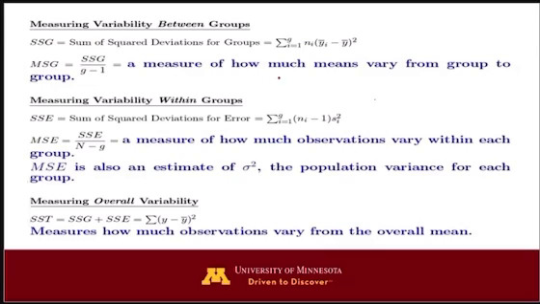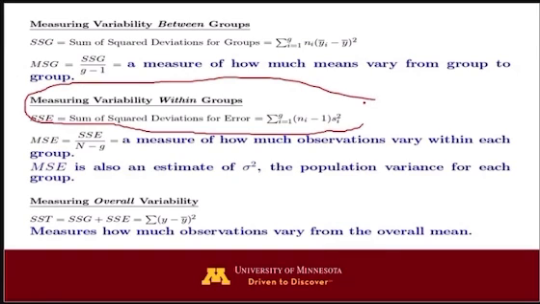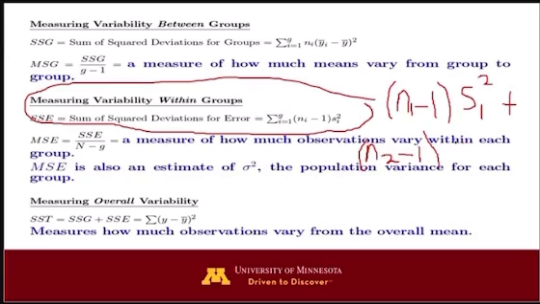I'm also going to do variation within. The variation within is called the sum of square error. We call it the sum of square deviation for error. What am I going to do? For group 1, take the sample size minus 1, multiplied by the sample variance of that particular group. Plus, I'm going to do the same for group 2: N2 minus 1, since you are computing this from data, multiplied by the sample variance for the second group.